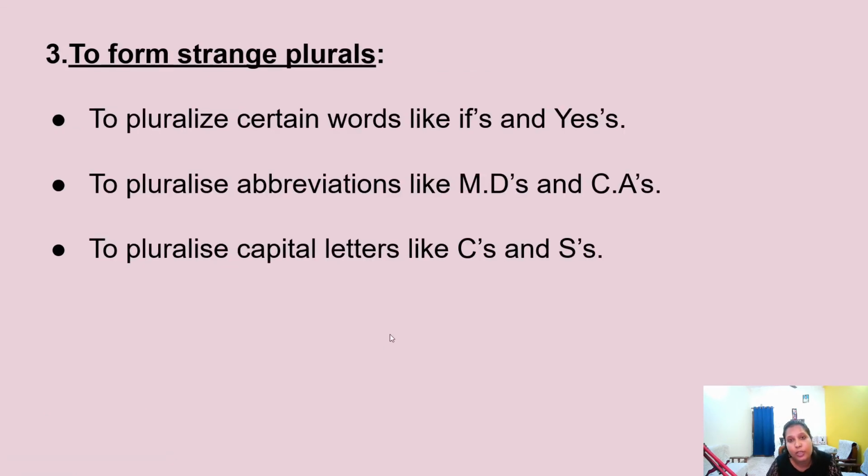Next, to form strange plurals. Sometimes we want to show plurals, and at that time we use an apostrophe: to pluralize certain words like ifs and yeses, to pluralize abbreviations like MDs and CAs, to pluralize capital letters like C's and S's. Many times we come across guidelines like do's and don'ts.